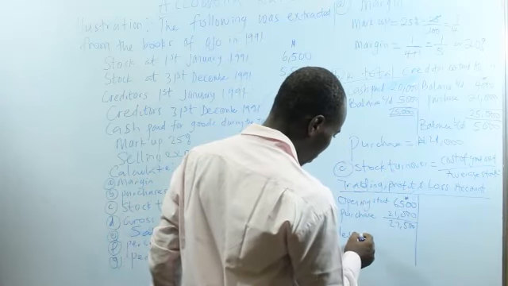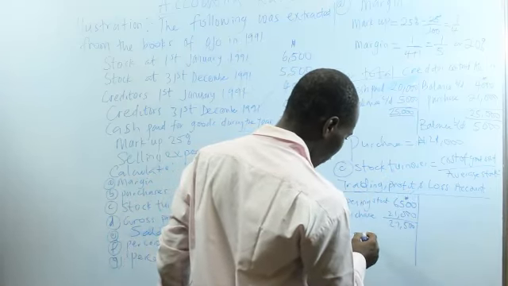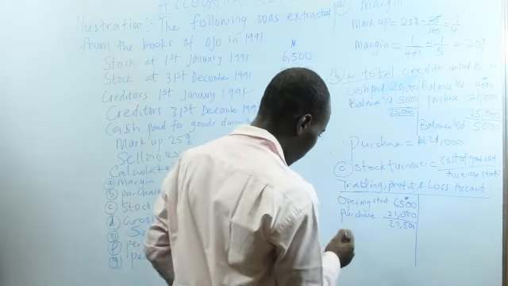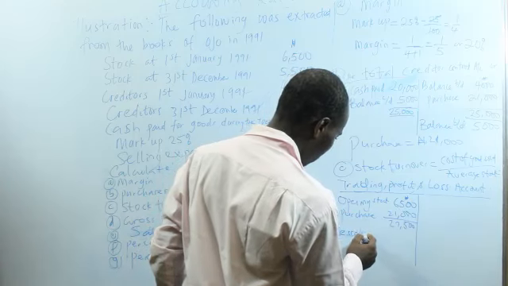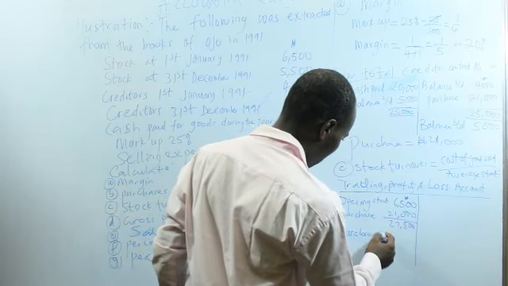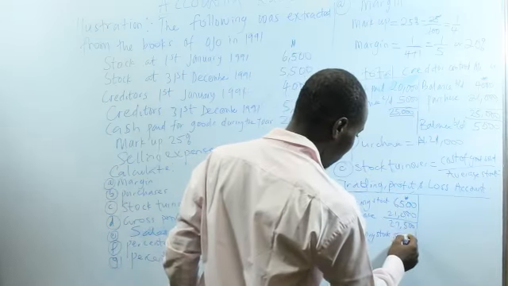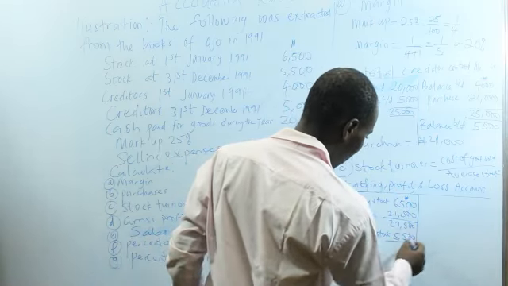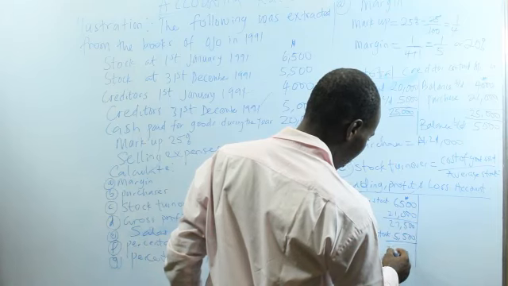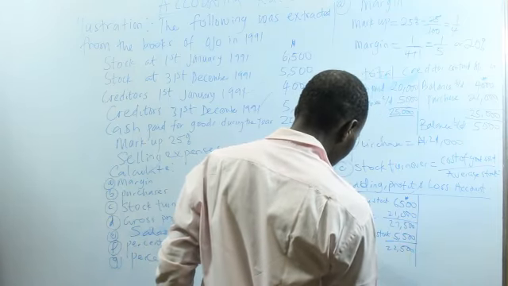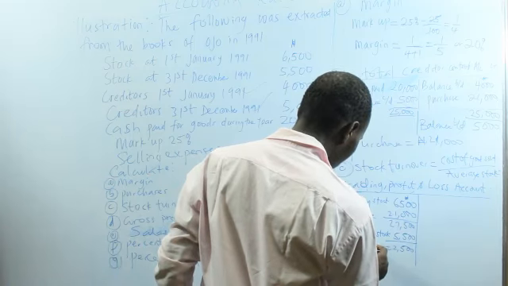We don't have carriage, so we just have the closing stock since there are no such items in there. The closing stock within the period is 5,500. That gives us 22,500. So this is our cost of goods sold.